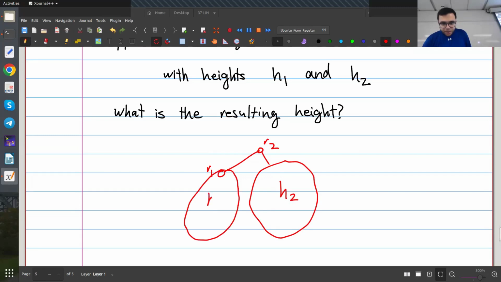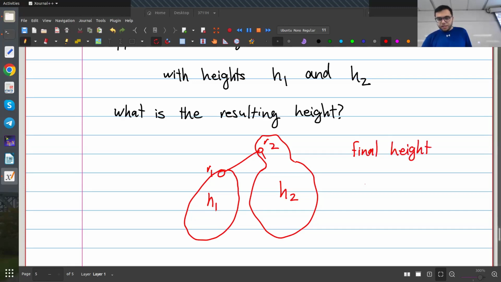So we know that this part has a height of H1. So my total height is going to be the maximum of H1 plus 1 and H2. Right? And okay, so maybe I have to do this better. This H2 contains R2 as well. Right? So my final height is just the maximum of H1 plus 1 and H2.